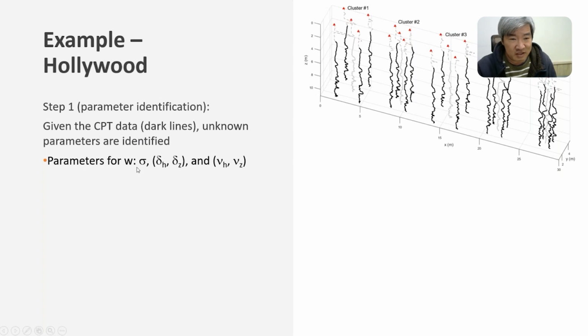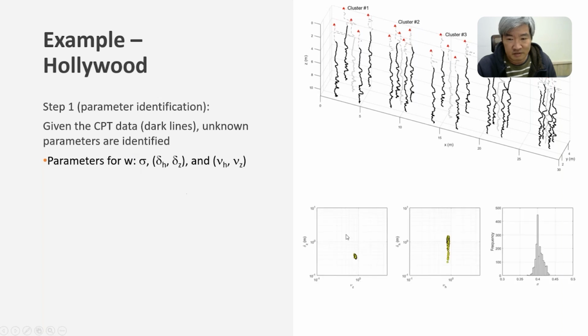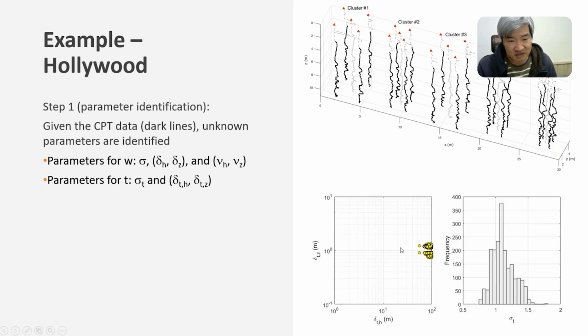And this step one not only can identify the parameters for the spatial variability part. Say, for instance, this is the identification result for this data: vertical scale fluctuation, vertical smoothness. It can also identify the parameters for the trend part. And this is the trend parameter for this particular example.